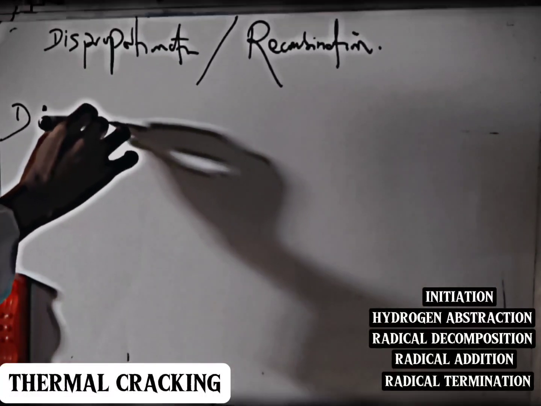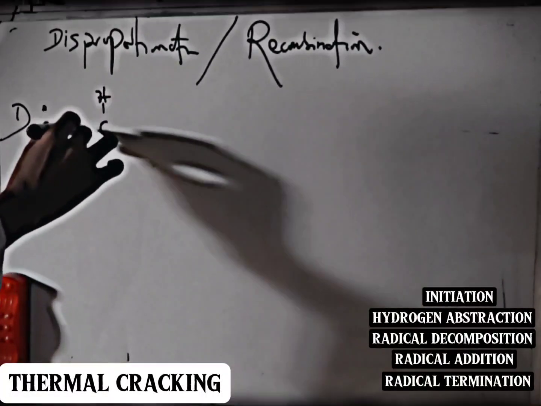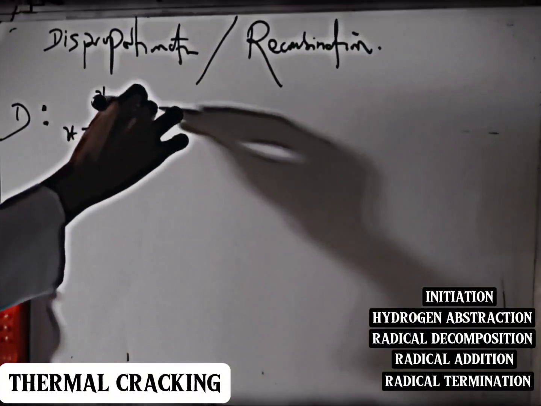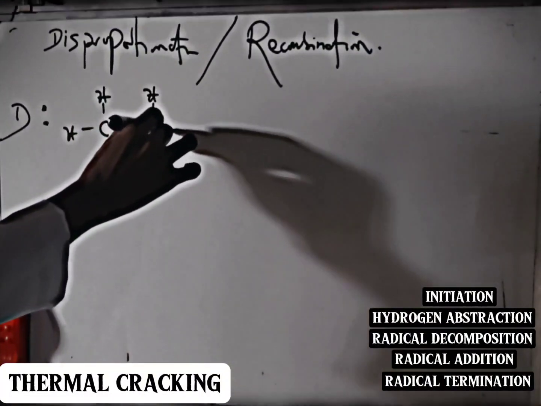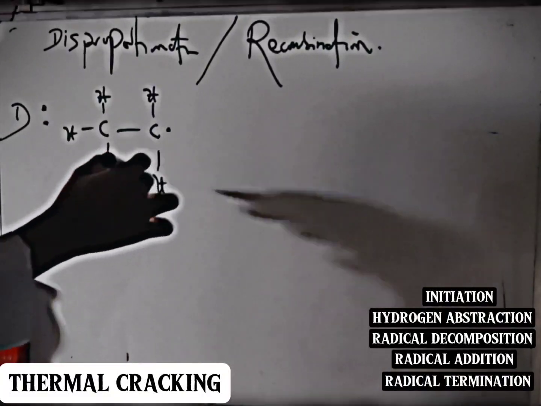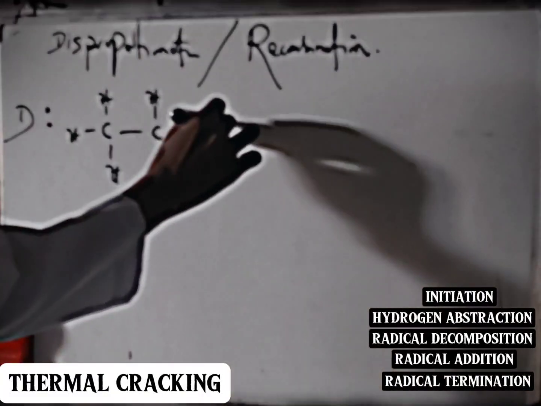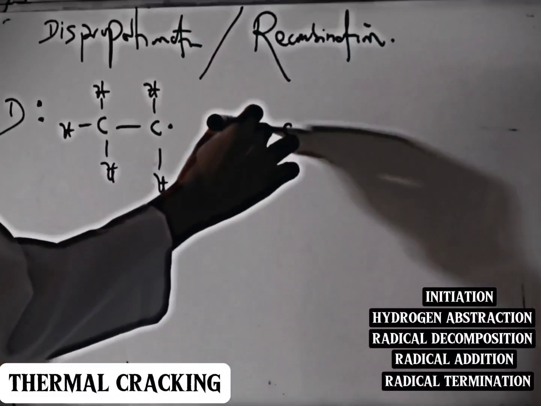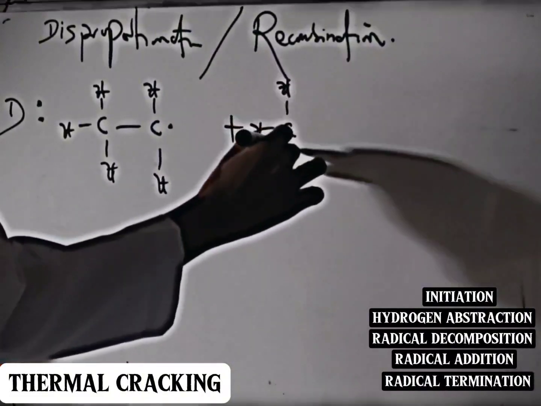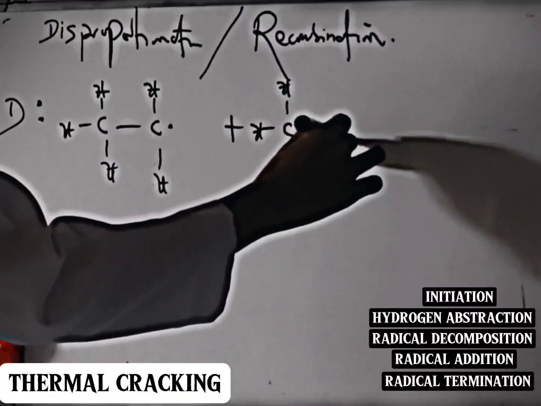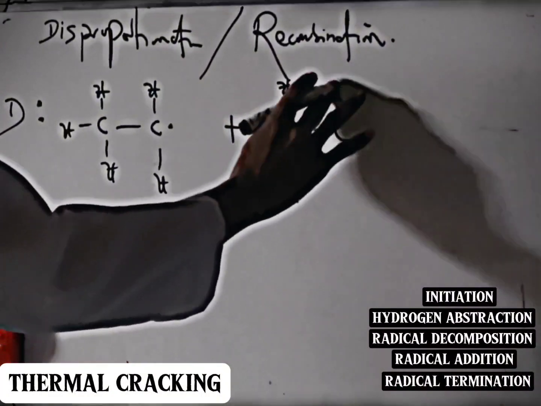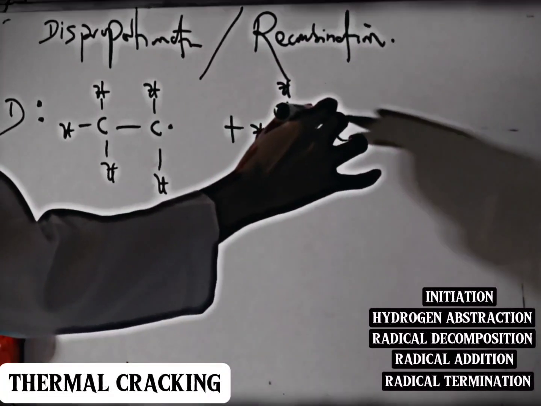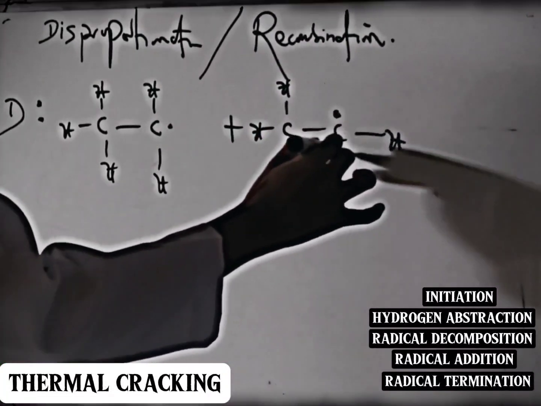So we have, let's say, CH3. I'm trying to give an example of disproportionation. So let's say these are ethyl radicals, we don't know, and it's trying to terminate. Let's say we have another ethyl radical. Alright, let me put it this way, just for ease.